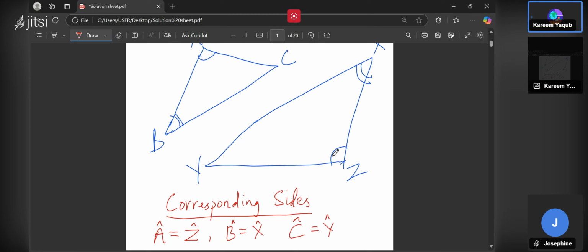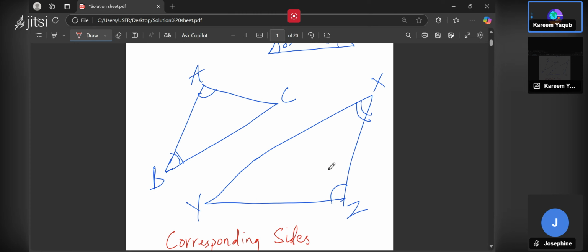Now, if I want to get this side AC, the A is on one curve and C has no curve. I will now go to the second shape. The one with one curve and no curve is Z and what?